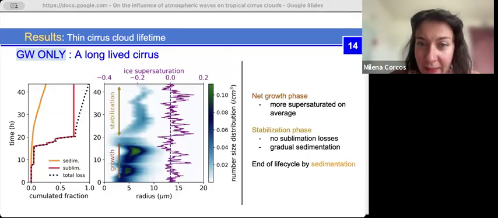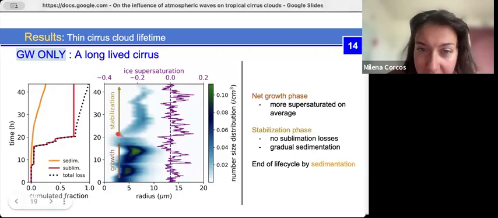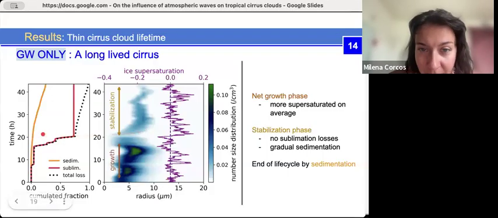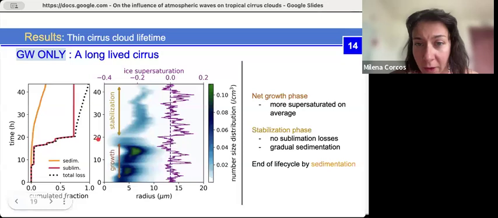So you can see at 18 hours around here that we have a relatively strong warming event that almost completely dissipates the cloud. And we have a sudden increase in the sublimation, as you can see. However, a small portion of crystals manage to survive and grow back.